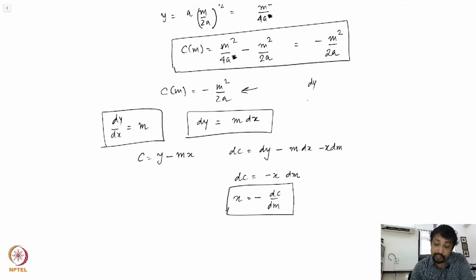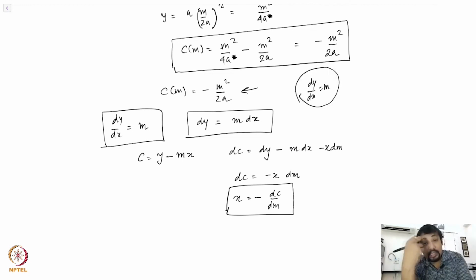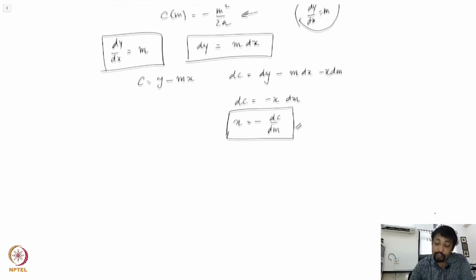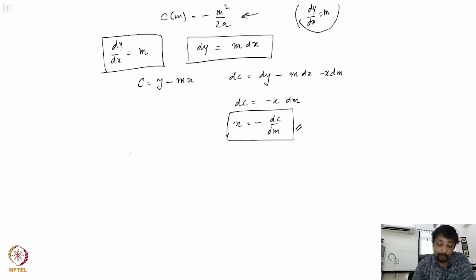This is the answer that we are looking for. Just as we had dy dx is equal to m when we went from the xy to cm, this is the answer that we need if we want to reconstruct back the function. So if c of m is minus m squared over twice a, then dc dm is m over twice a, and minus dc dm is m over twice a. Am I right?